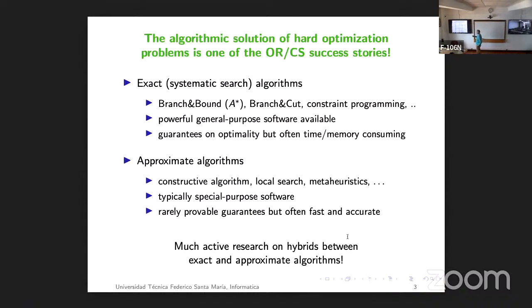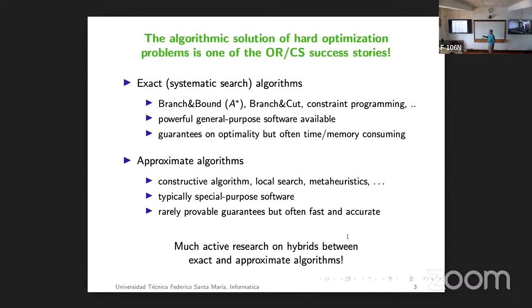And for approximate algorithms, you rarely have provable guarantees, but often they are fast and accurate. Much active research is on hybrids between exact and approximate algorithms. So you can think of matheuristics or something like this.